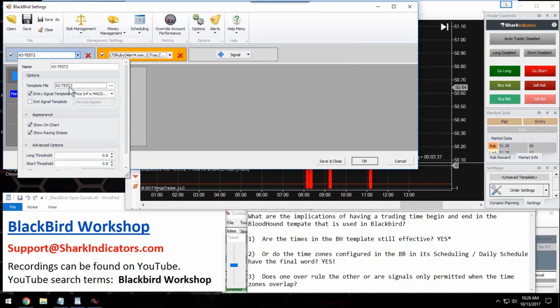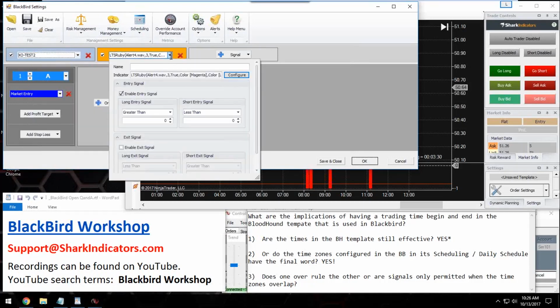Bloodhound is doing its own thing internally. Same thing with the LTS Ruby. Blackbird has no idea what the LTS Ruby indicator is doing internally. Blackbird only knows when the Ruby system generates a trade signal. That's all that Blackbird knows.